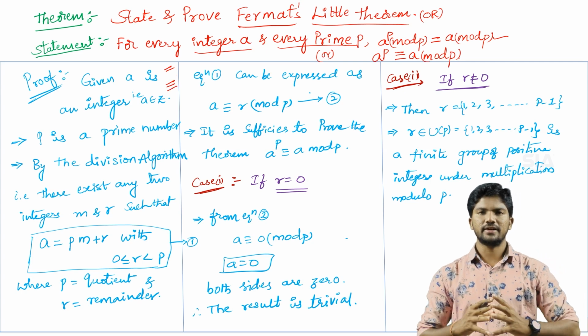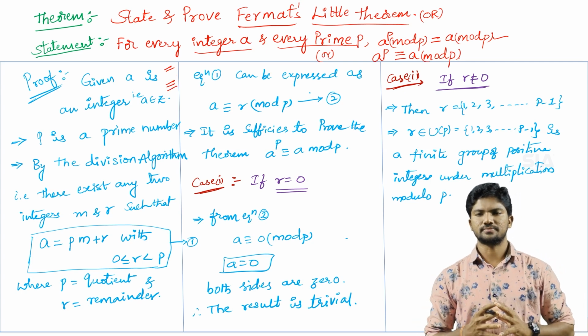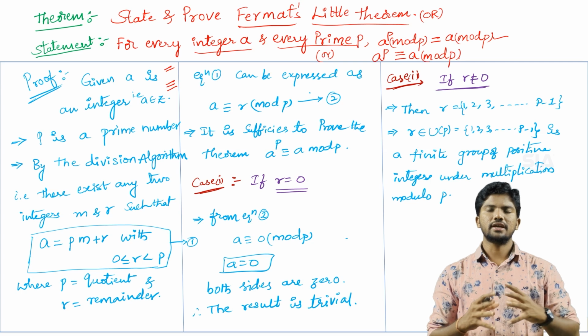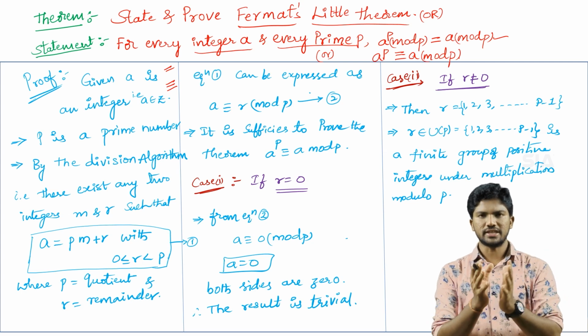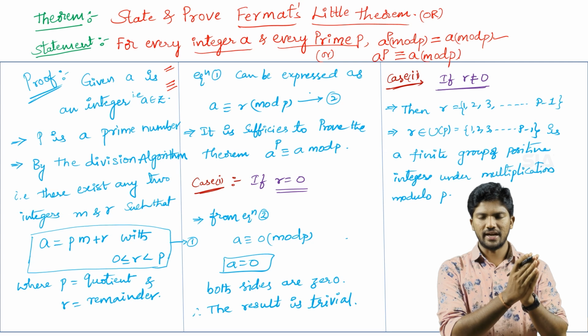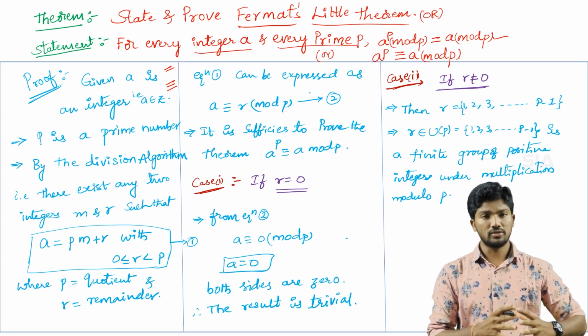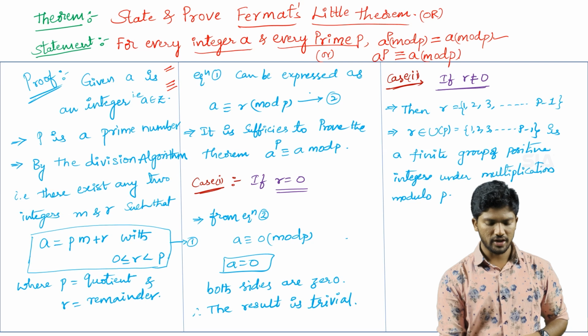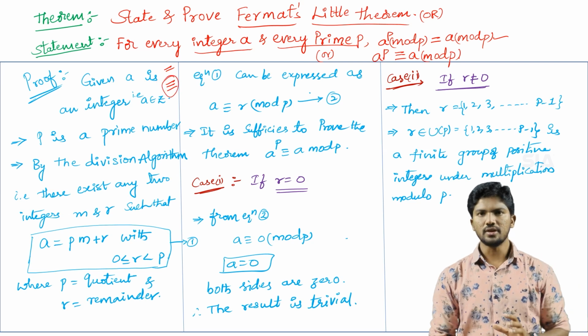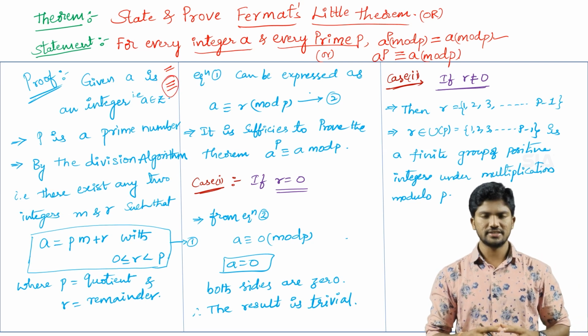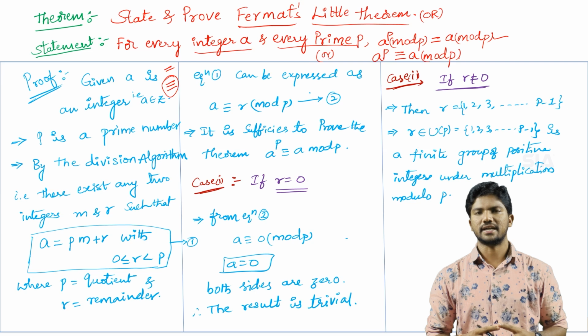What is the difference between equal and congruence? Whenever you write equal, the left hand side and the right hand side are both equal. Whenever you write congruence, you have to apply the divisibility condition.